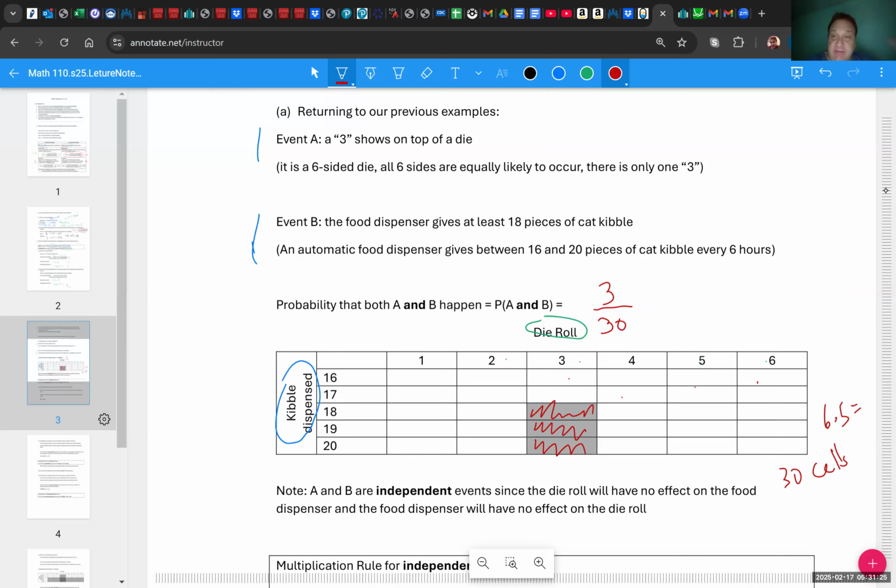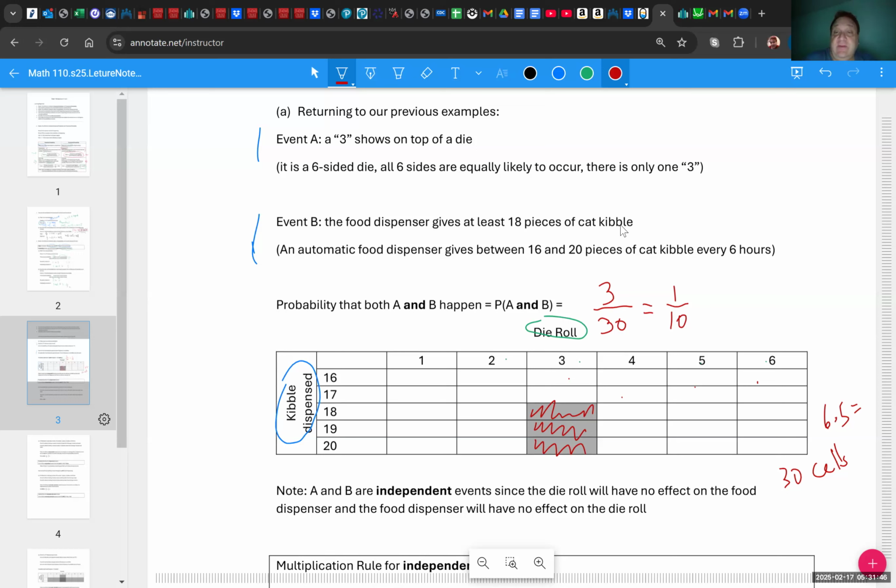There's 30 different cells, and 3 of them match the criteria that both of them happen. 3 out of 30, we could simplify that to 1 out of 10 by dividing the top and bottom by 3. All right, so that is the probability that both A and B occur.